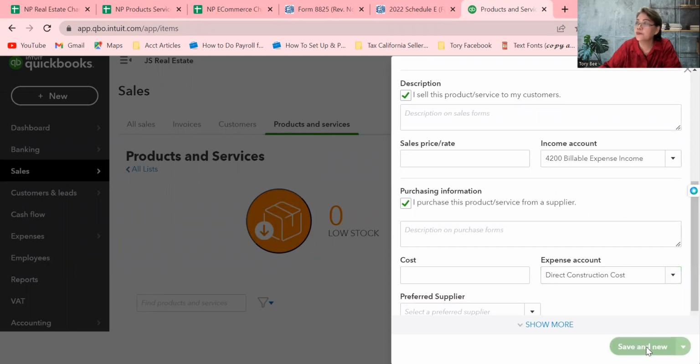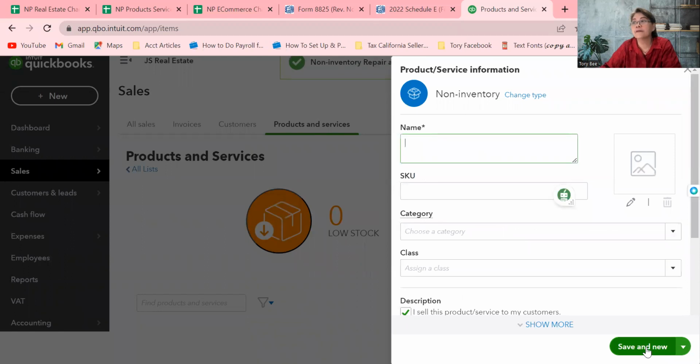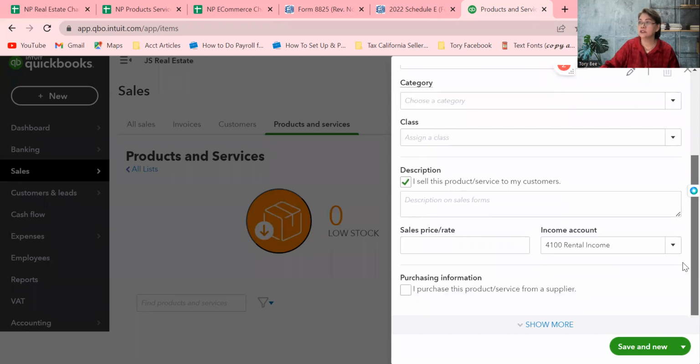New again. I'll finish this. We only have repair and maintenance materials, 6610. It's not cooperating sometimes, it's very hard-headed. This one is billable.